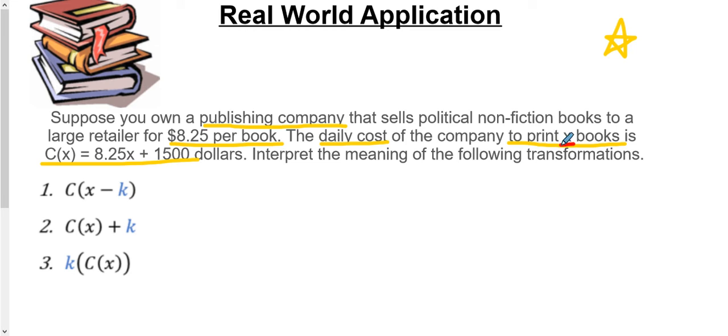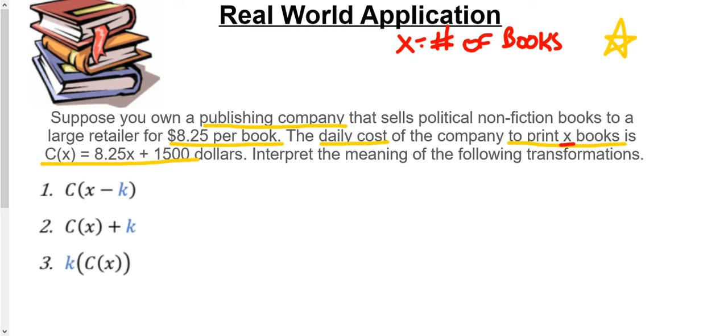We talked about that X is not just the books, but the number of books. And the fact that it's the number is important. So X is the number of books.